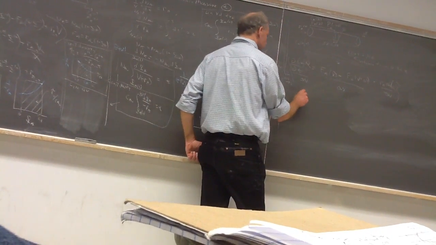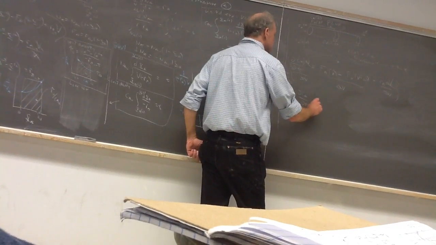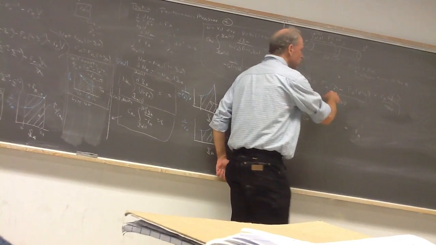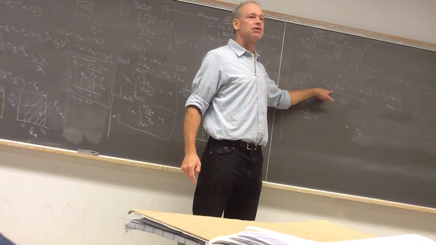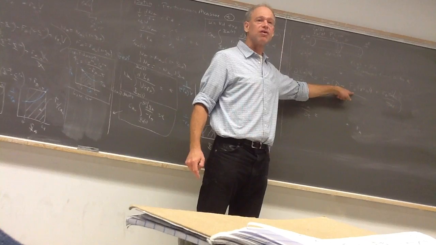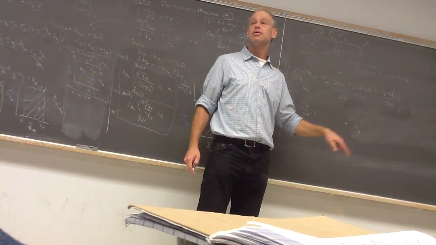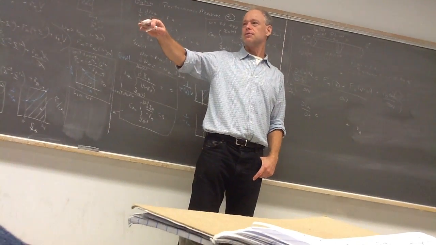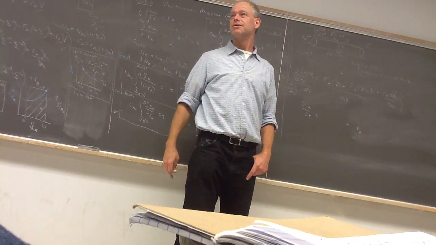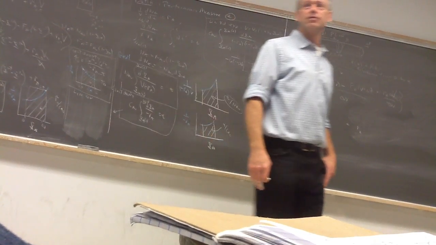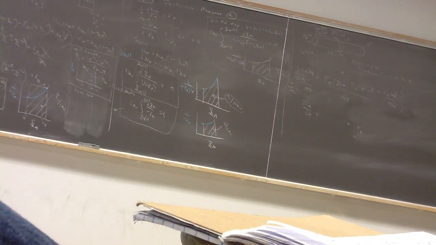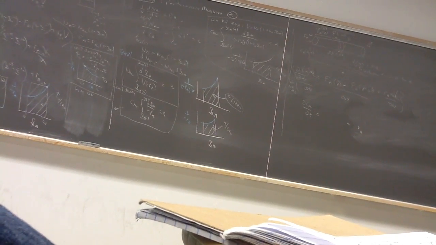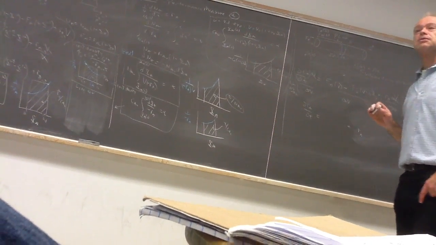So what am I left with? I'm left with dCA/dt equal to RA plus the limit as delta V goes to 0 of FA of V minus FA of V plus delta V over delta V. What kind of derivative, and with respect to what?